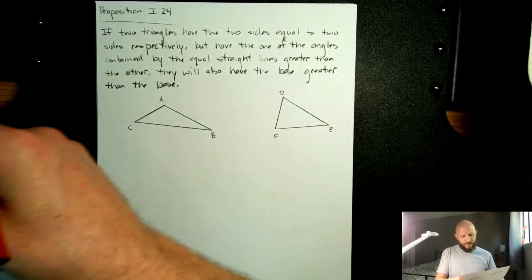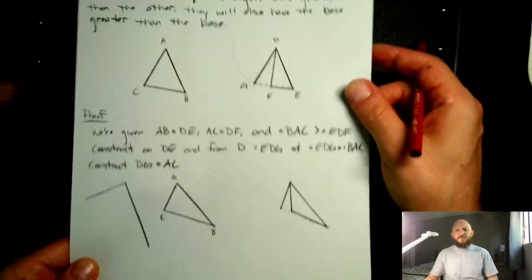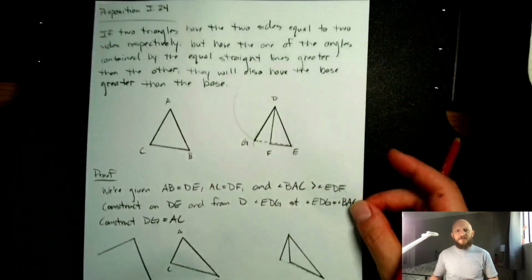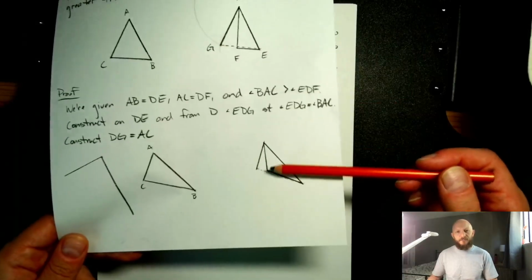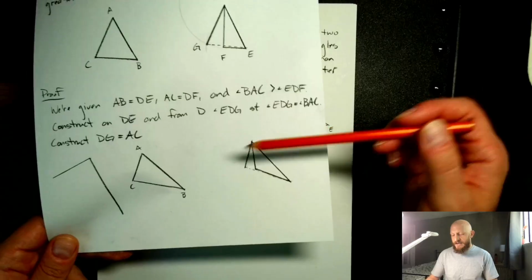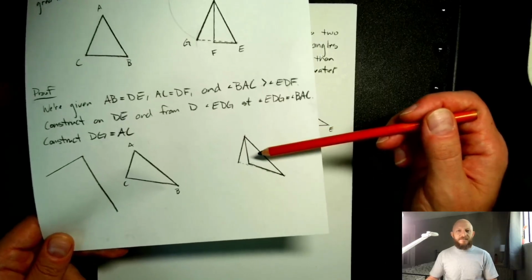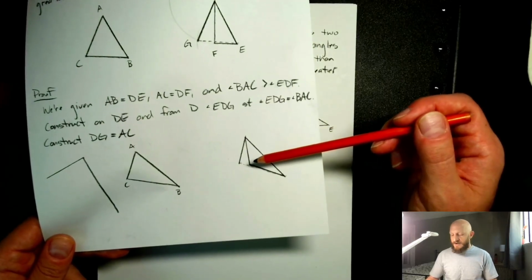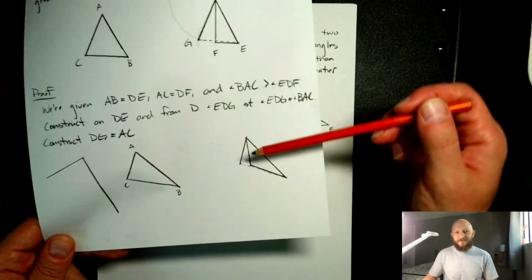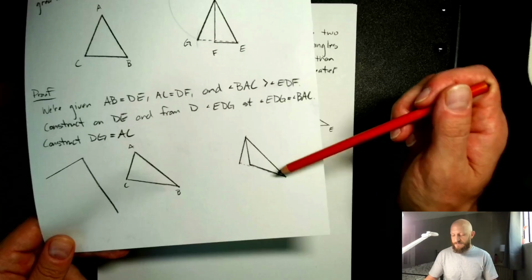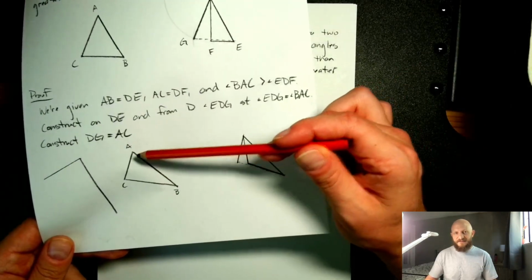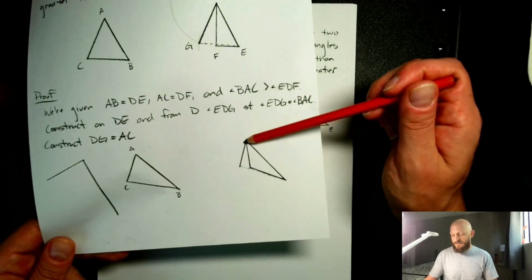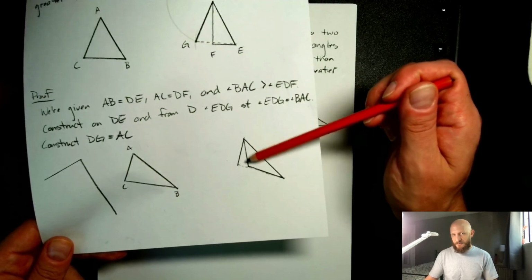I ran into an issue the first time when I was running through this, because here you can see this is where I started. It's the exact same thing, and here's how far I made it in the proof before I realized things were going to go astray, because we're going to end up making a second triangle. It might not make a lot of sense right now, but if the angles are too close, so the original angles were like, here's ABC, so angle BAC is up here, and then the second triangle would have been this smaller one.